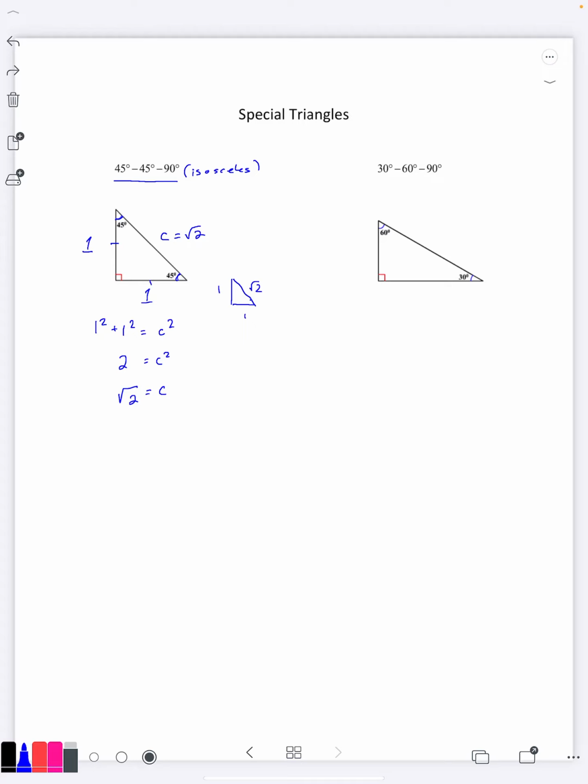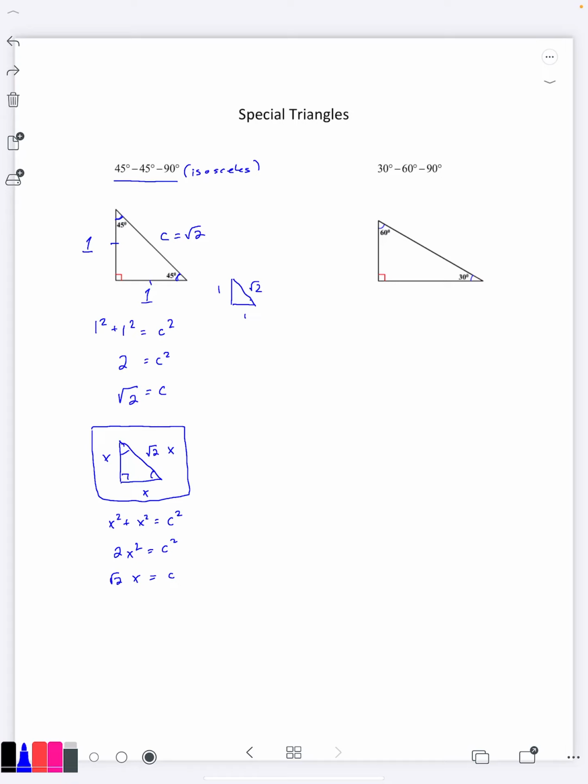And if you said, well, okay, what if that one side wasn't a 1? What if it was just some other number? Since you didn't tell me which number, I'll just call it x. If you do the algebra here, you get c squared is 2x squared. When you square root that, you get square root of 2 times x. So the generic 45-45-90 right triangle, whatever the two legs are, x and x, you can get the hypotenuse by just multiplying that value times square root of 2.